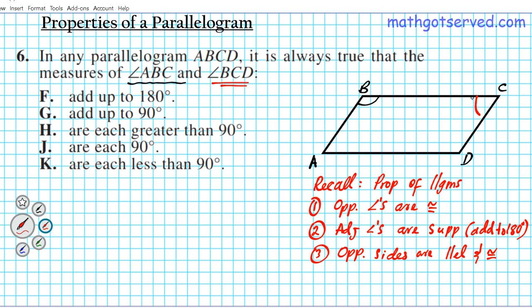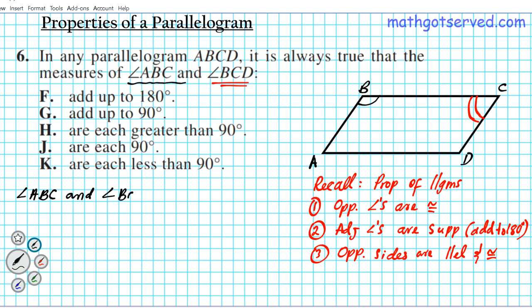All right, how will we compare these two angles? These two angles are adjacent angles. And what did we say in number 2 of the properties of parallelograms? We established that adjacent angles are supplementary. Okay, so angle ABC and angle BCD are adjacent.